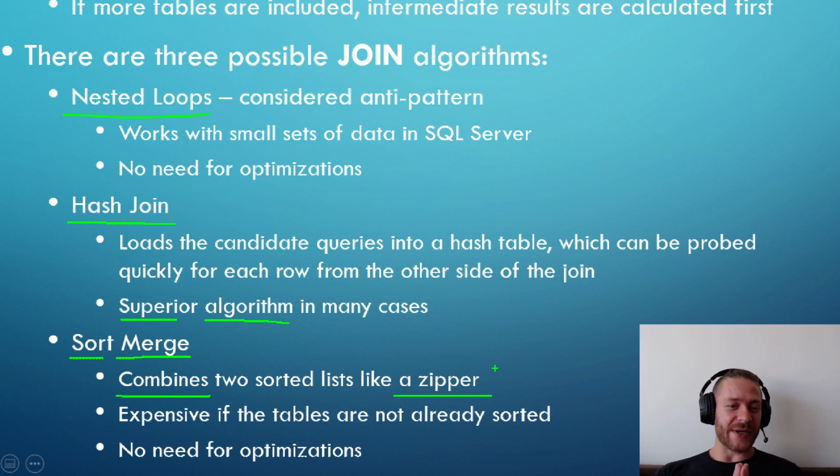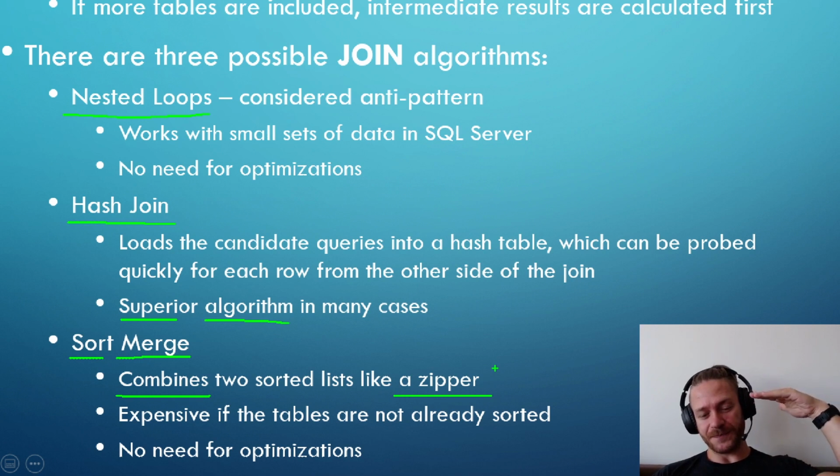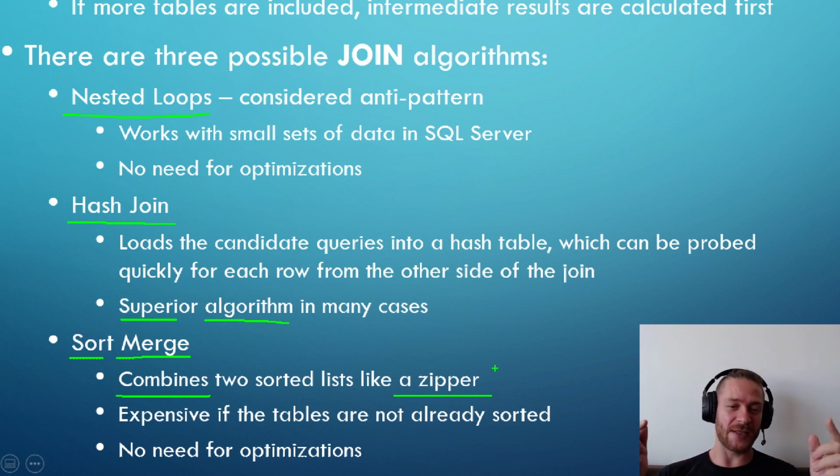Then it will start looking at each row separately, and when it finds a match for the join condition, it will get them. This kind of algorithm is, let's say, fast enough, but the sorting is expensive.